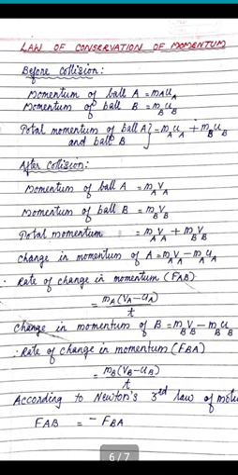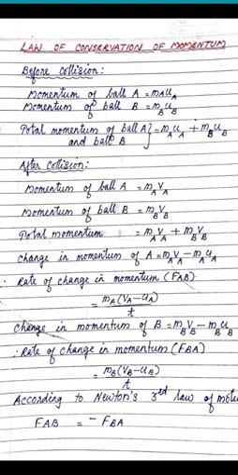Now, we can find out the momentum of the objects A and B before collision and after collision. Before collision, momentum of ball A is equal to mass of A into initial velocity of A, that is MA multiplied by UA.